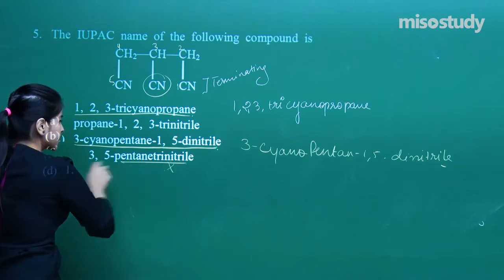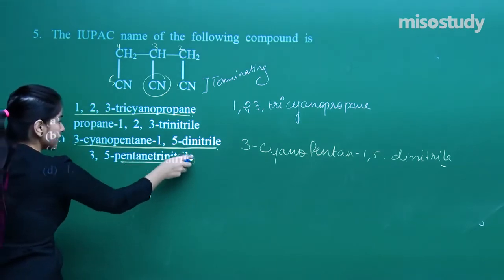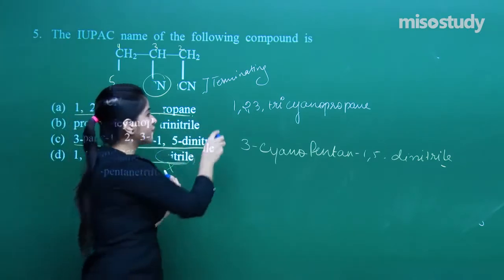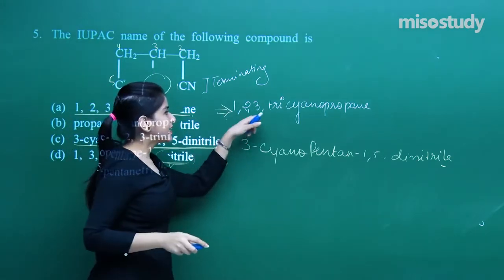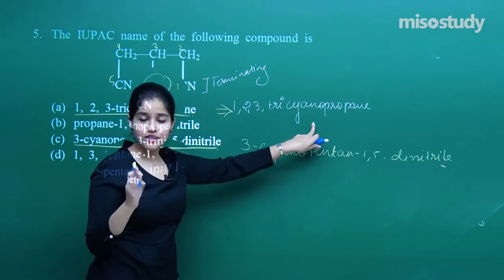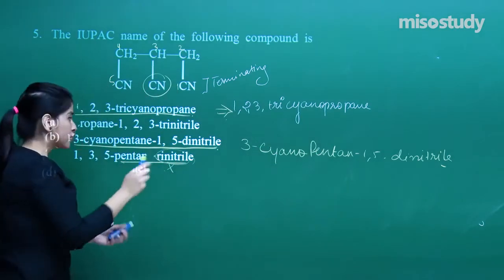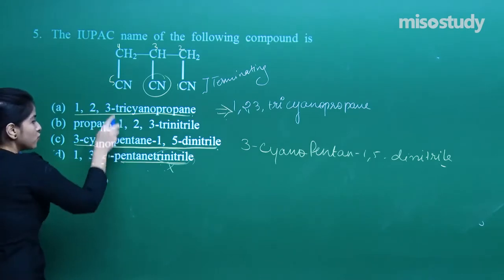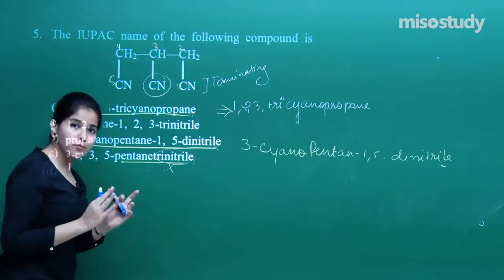This is not at all correct. Why? Because here we are not treating it as in the very first name. We are treating these cyano as the substituents, not the suffixes. So I cannot use nitrile here. So out of the 2, which will be the actual IUPAC name?